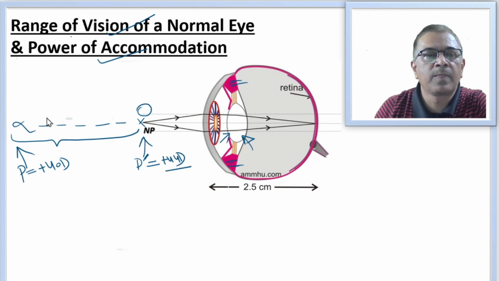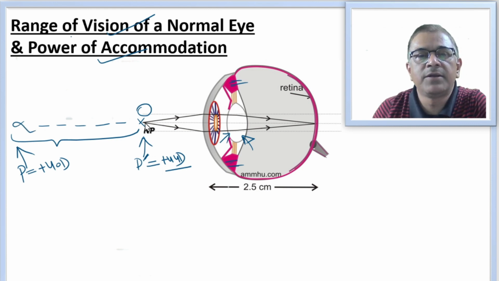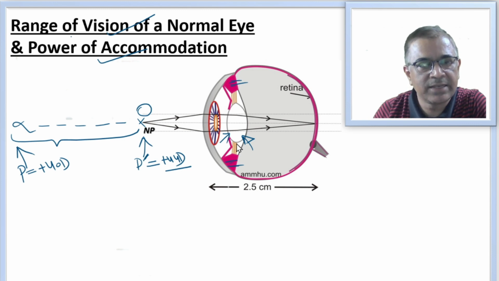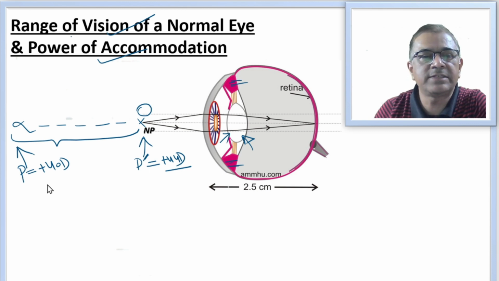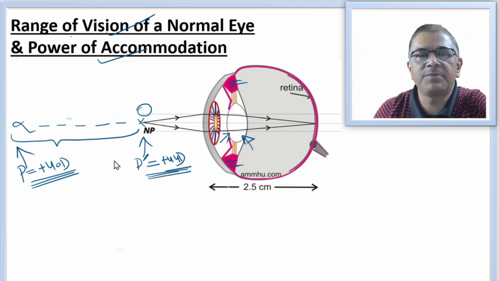Thus, as the object is brought from infinity to the near point, the focal length of the eye lens system changes, correspondingly power also changes, and the power of the eye lens system changes from 40 diopter till 44 diopter, and hence we say that the power of accommodation of a normal eye is 4 diopter.